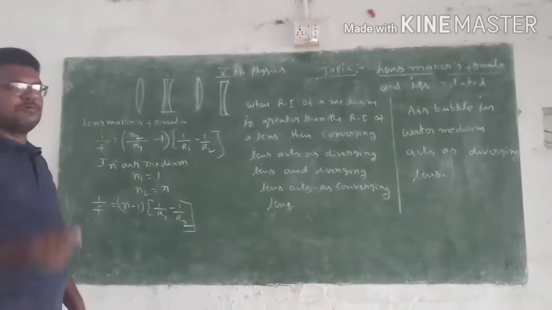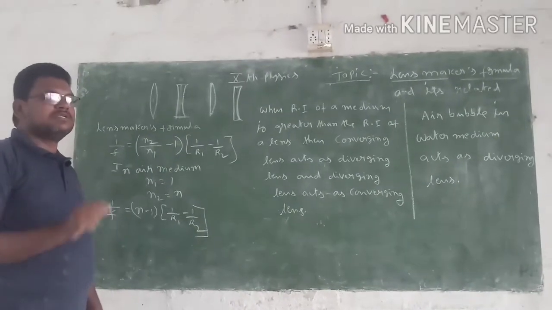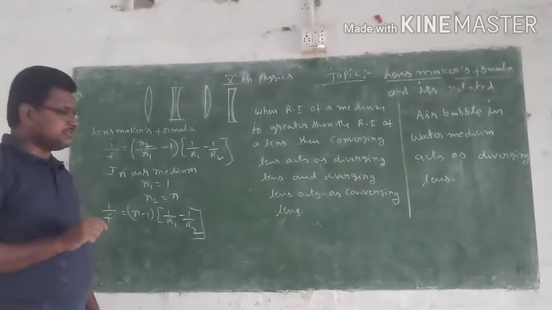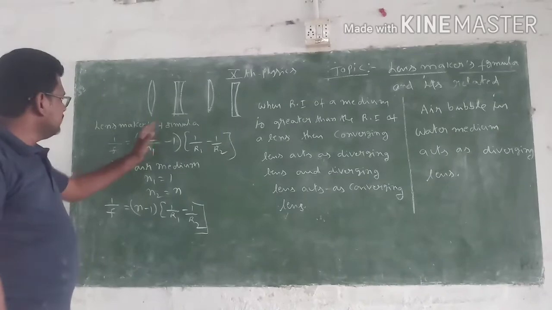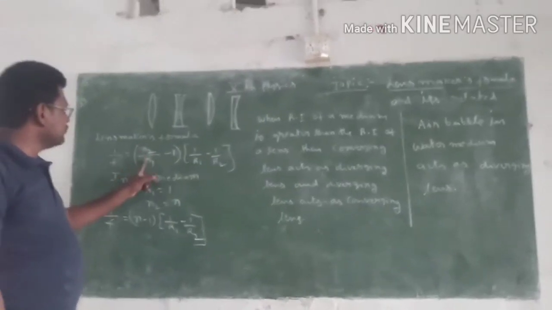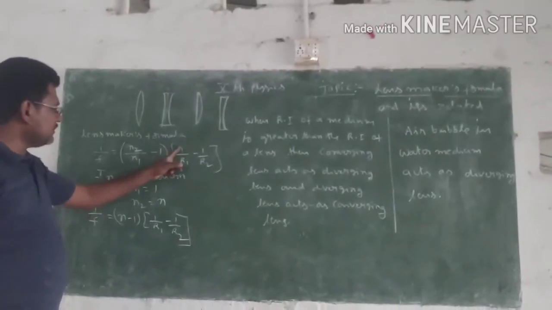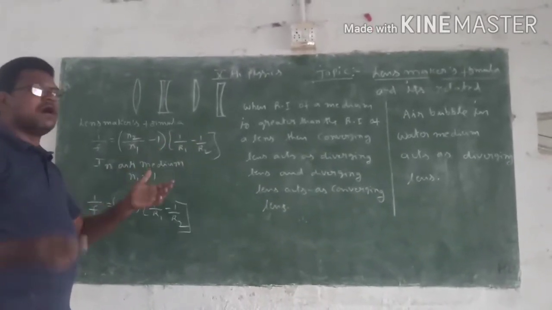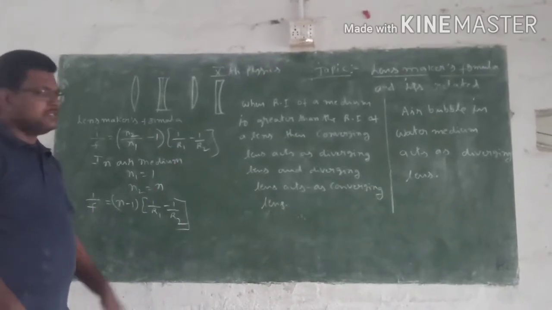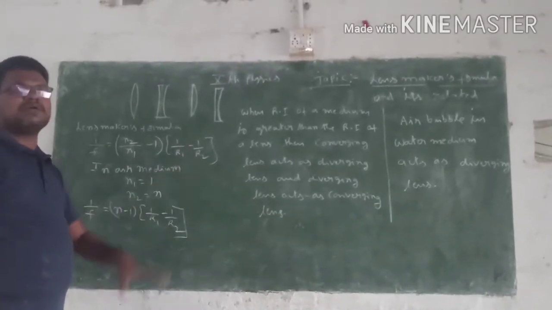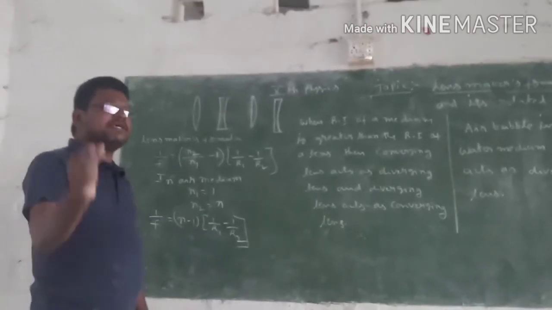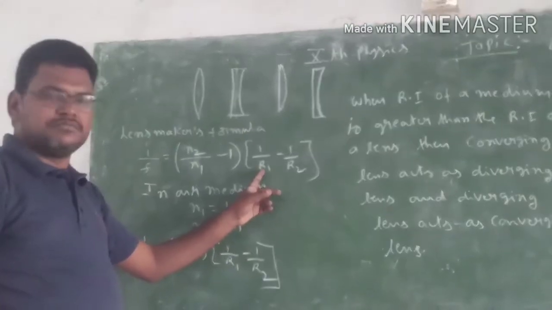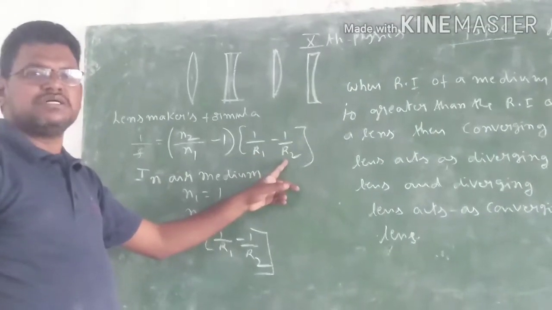Remember, while solving problems related to a convex lens or a concave lens, we should use the lens maker's formula, 1 by f equals n2 by n1 minus 1 into 1 by r1 minus 1 by r2 only. According to sign conventions, you have to substitute r1 and r2 values. For a convex lens, substitute r1 as positive and r2 as negative.